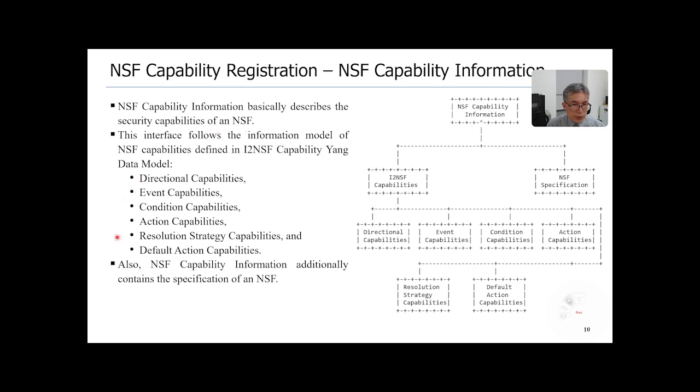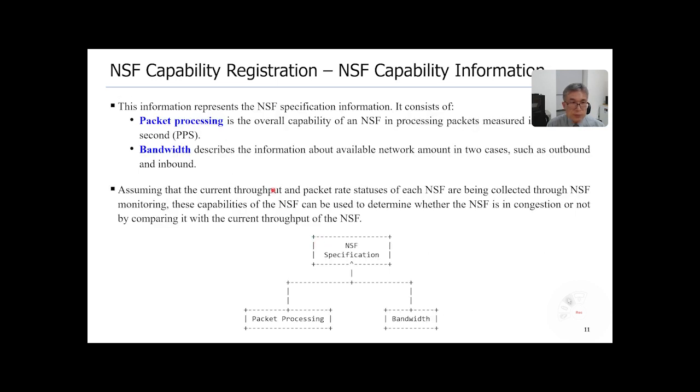So NSF capability information basically describes the security capability of the NSF. We saw the I2NSF capabilities. Now, especially the NSF capability information here represents the NSF specification information like packet processing and bandwidth.